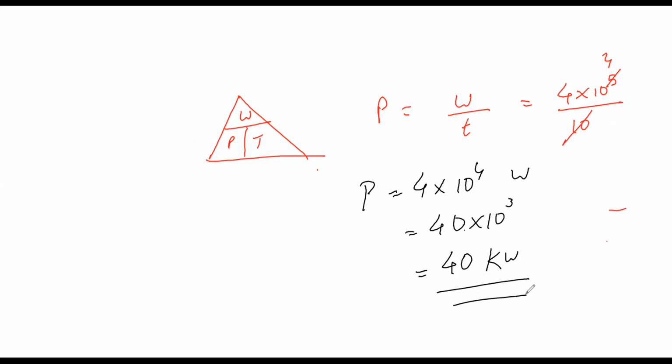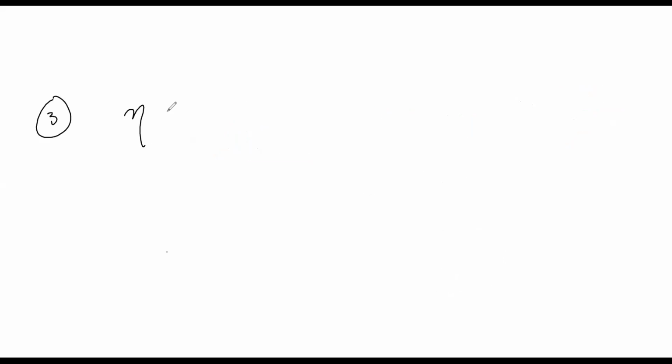The next thing is efficiency. Efficiency is nothing but what? This is the efficiency symbol, eta. Efficiency is equal to output power by input power. Output by input.